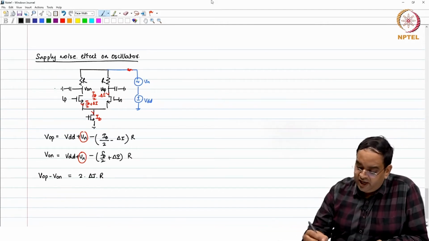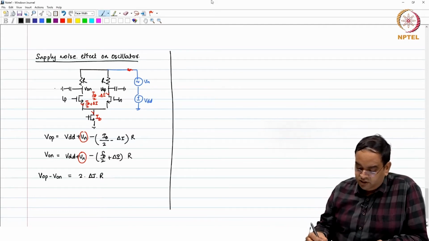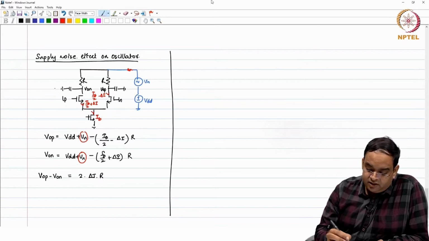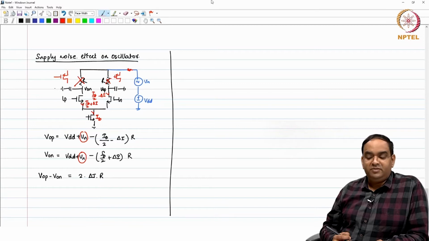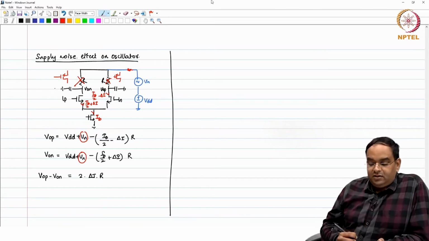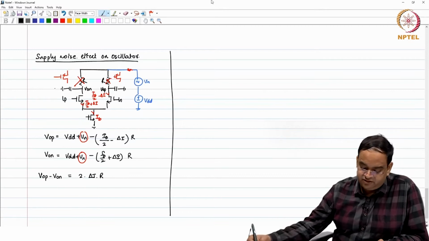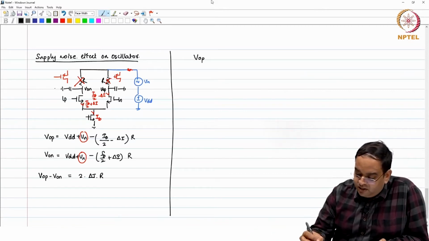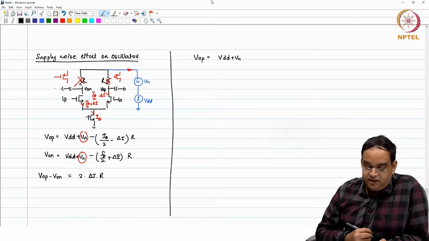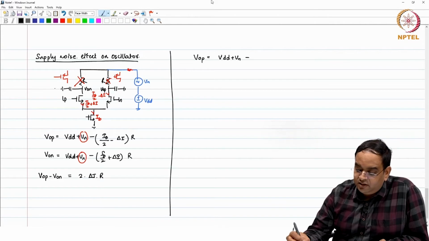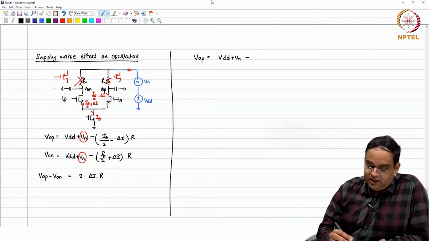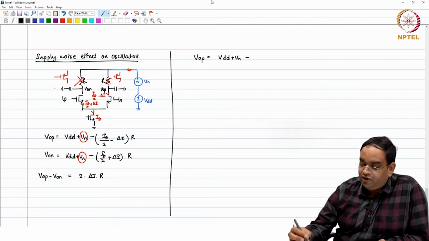Now, when this resistor is replaced by a MOSFET, no matter which way you are biasing with V control or something, when you bias this particular MOSFET, then your VOP is VDD plus Vn, this is still not an issue, minus your current which is flowing, the current difference coming from the input transistor.